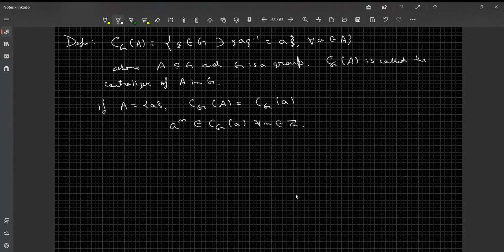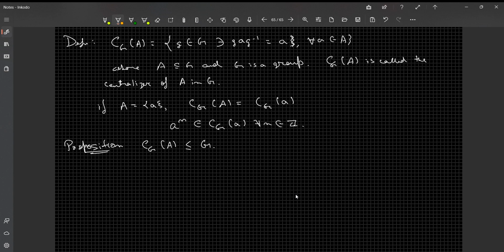Observe, or rather I should write it as a proposition. Proposition: the centralizer of a certain set in G is a subgroup. The centralizer of the set A is a subgroup of G. Clear? So let's try to prove this. To prove that it's a subgroup of G, now this is utterly obvious that the centralizer is a subset of G, which is exactly from its definition, right?